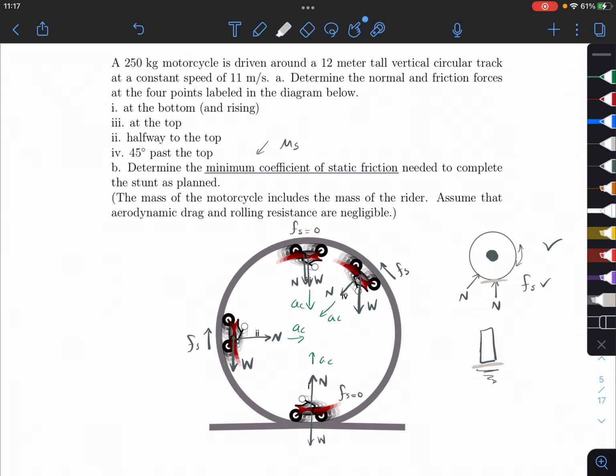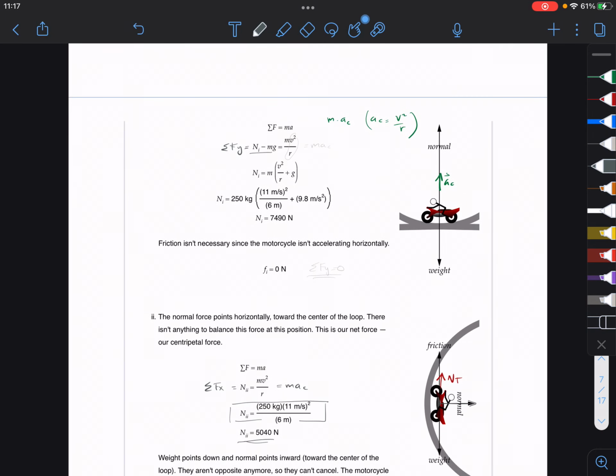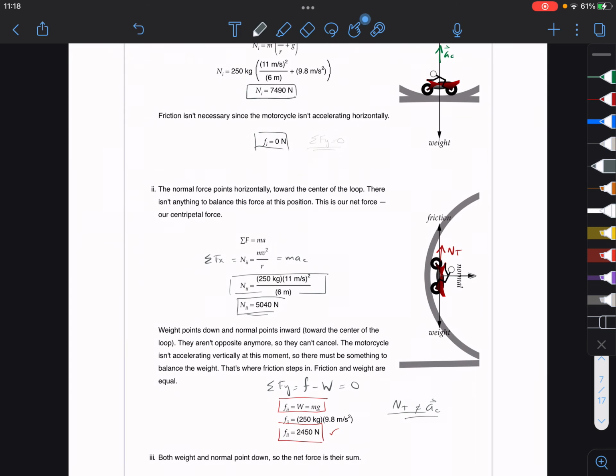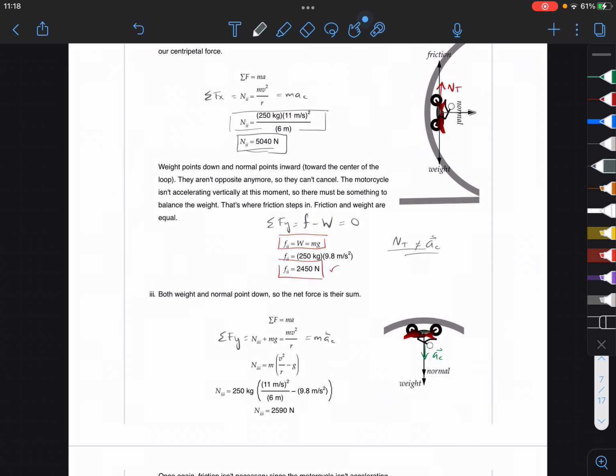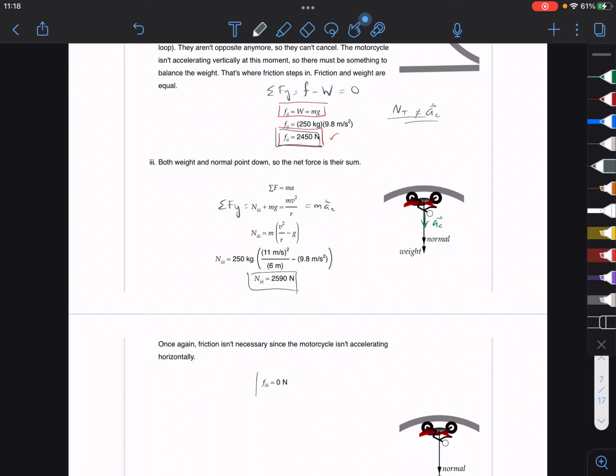The last piece of the question is the minimum coefficient of static friction needed. So we found the weight of the object. The normal force. For each point you found the normal force, right? And then the frictional force, for each point.